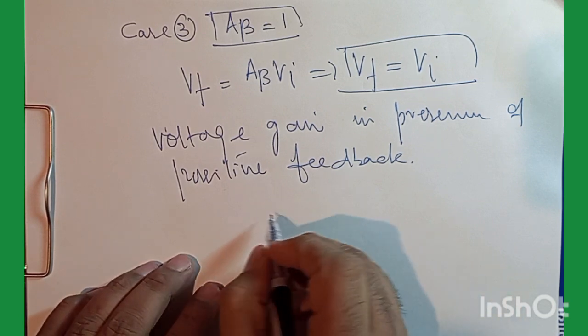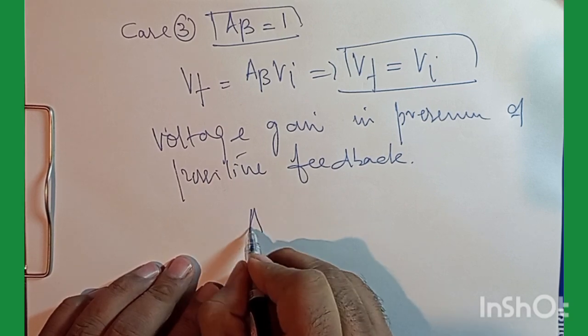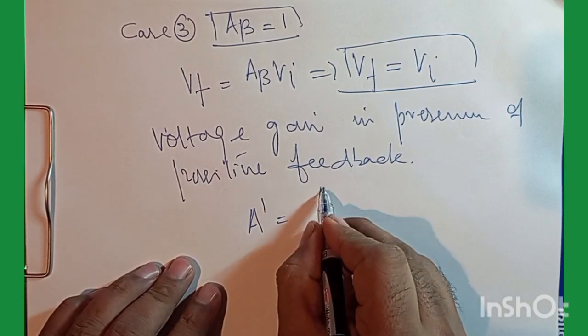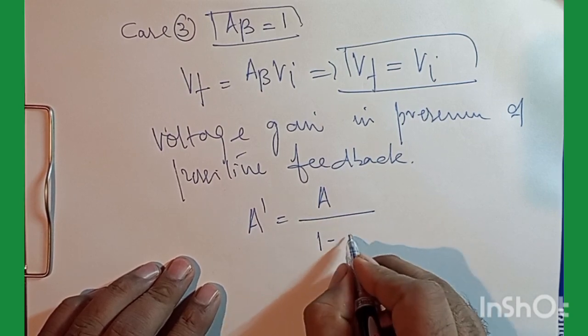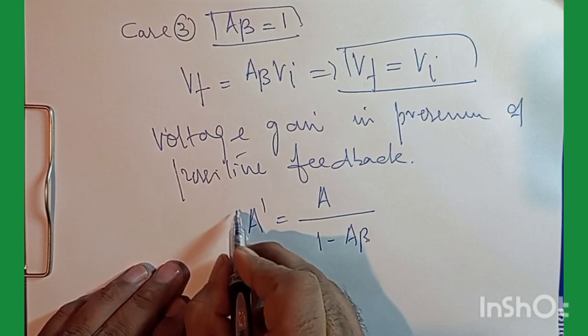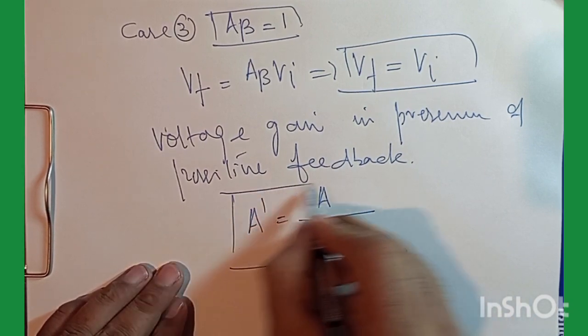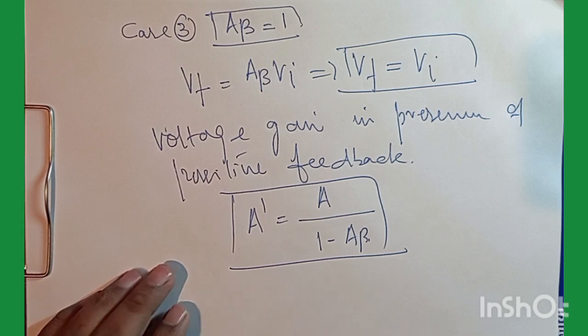What's that? That's A dash equals A divided by 1 minus A beta. Right? So this is the equation that we have already achieved in our past videos.